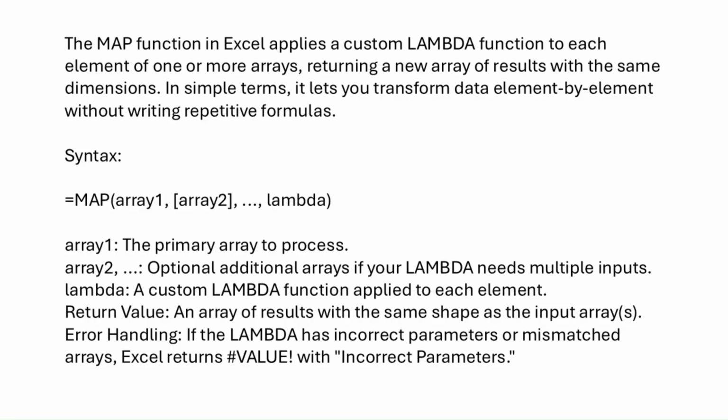Array2 is optional, for additional arrays if your lambda needs multiple inputs. Lambda is a custom lambda function applied to each element. Return value is an array of results with the same shape as the input arrays. Error handling: if the lambda has incorrect parameters or mismatched arrays, Excel returns #VALUE! with incorrect parameters.